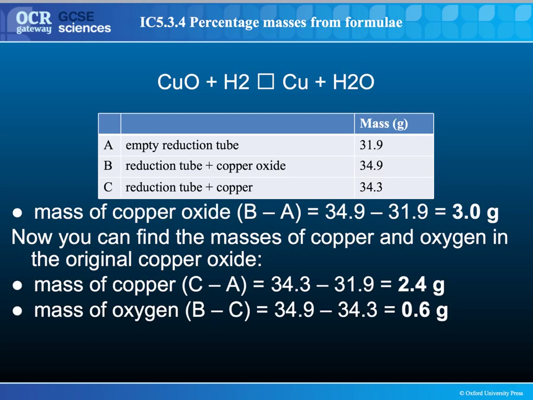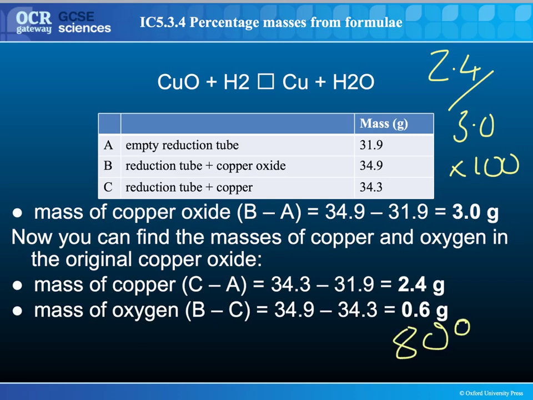Using the same equation that you did before, 2.4 over 3 times 100 to give you the percentage mass of copper in copper oxide would give you 80% copper in copper oxide experimentally.